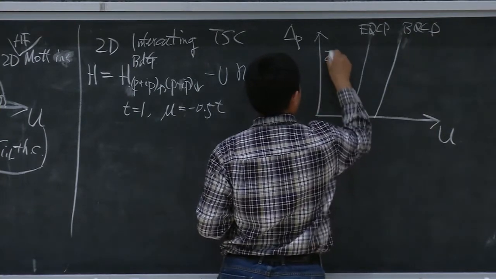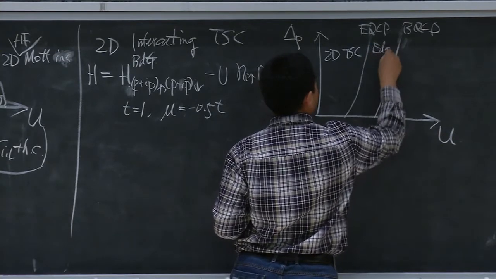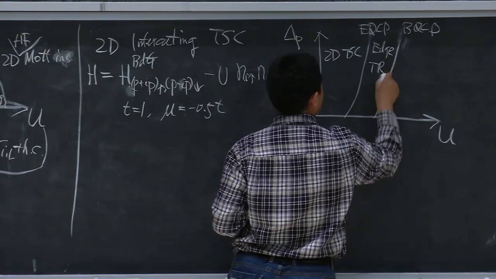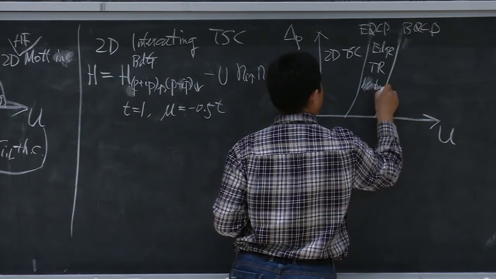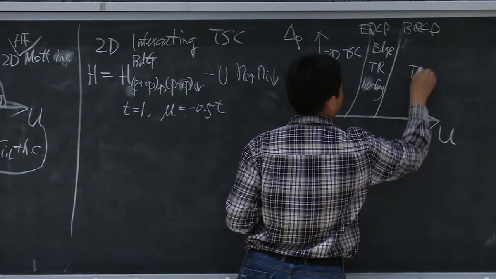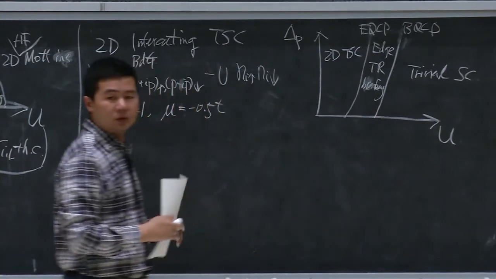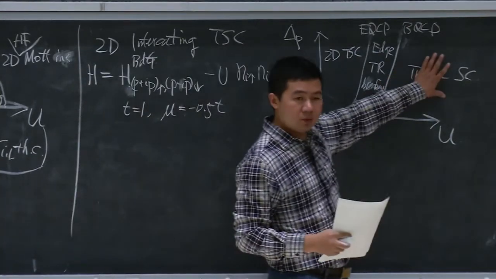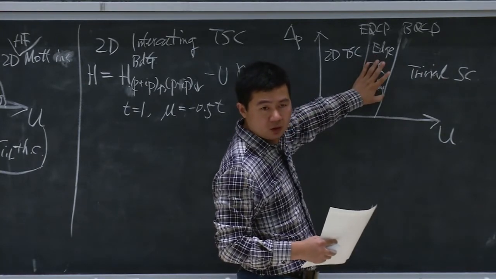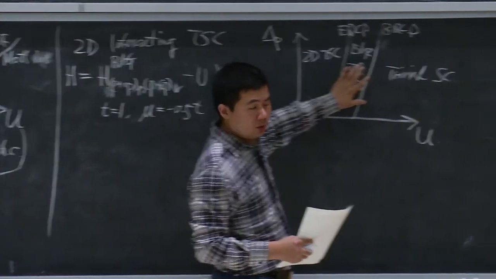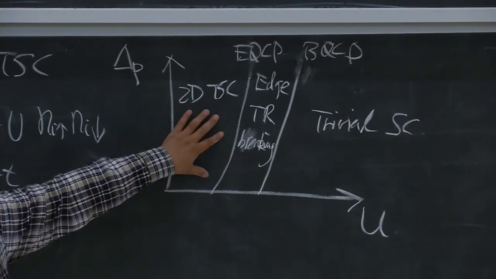So this is a 2D TSC. Again, this is the edge with time-reversal symmetry breaking. This side is a trivial superconductor. The bulk breaks time-reversal symmetry. In this region, only the edge breaks time-reversal symmetry; the bulk is still time-reversal invariant. And in this part, both edge and bulk are time-reversal invariant.